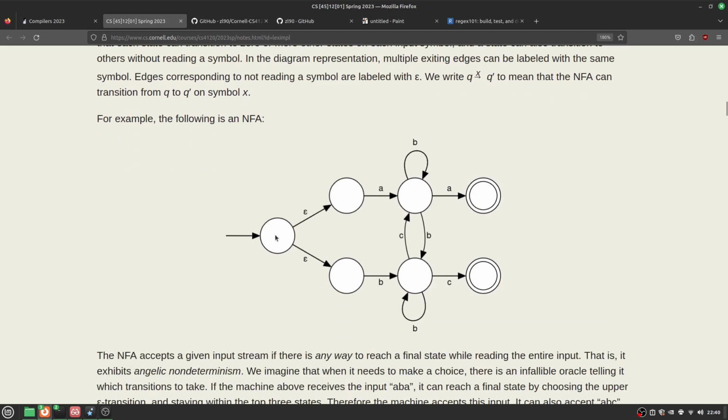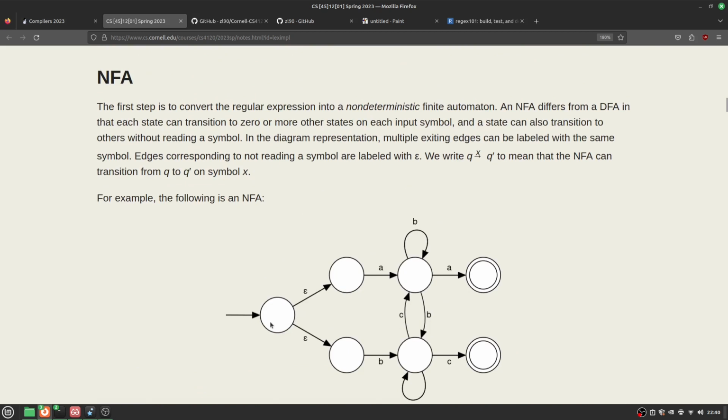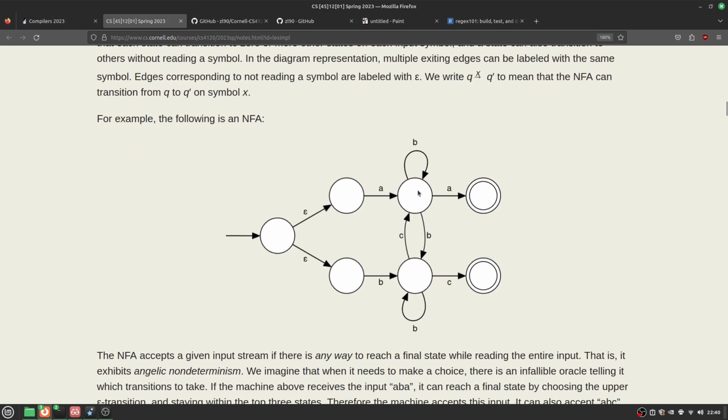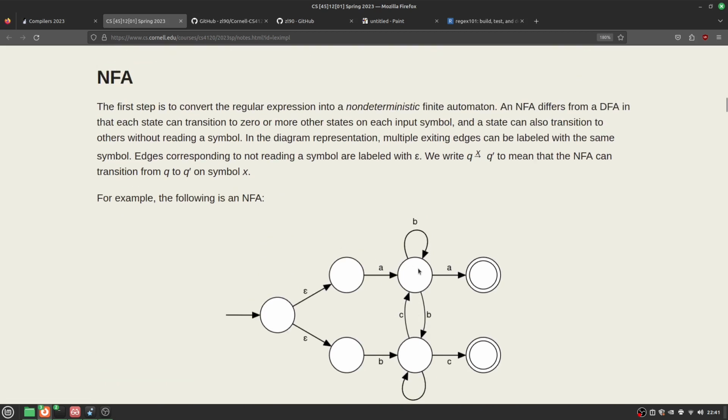So if we're in this state, we don't read a symbol, or we read an empty symbol potentially. We can either go to A or B, one of these states. Then if we're up here, we read A, we move to this state. And I'm guessing that this allows us to jump straight to a final state, I think.